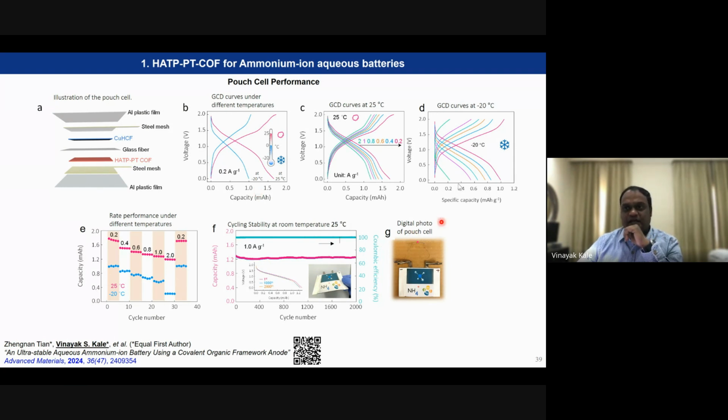Surprisingly, we could see that this cell also shows performance at a very low temperature of minus 20 degrees C, and also at room temperature. So this is just a proof of concept that this battery works at very low temperature and at room temperature also. And last year we submitted this work and it was published in this journal.